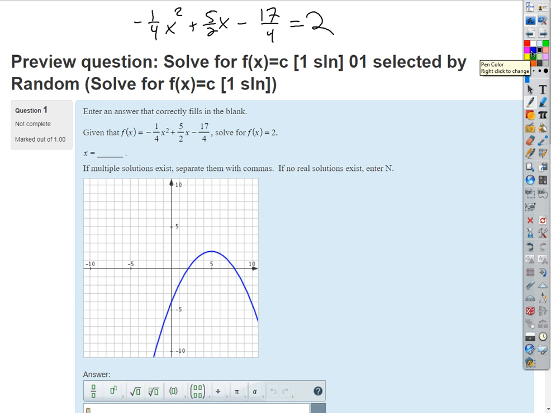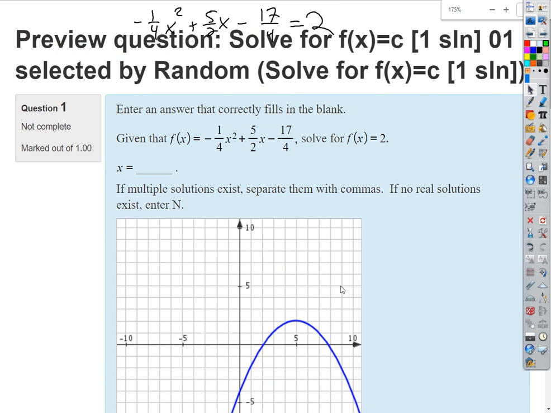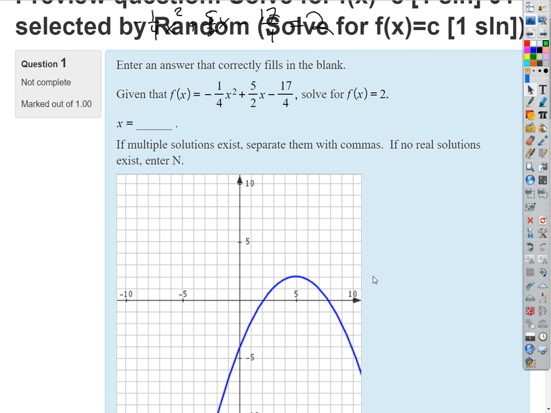Let me make this just a little bit bigger. Notice that the equation is already graphed for us. They graphed f of x in blue. There's the graph, right?